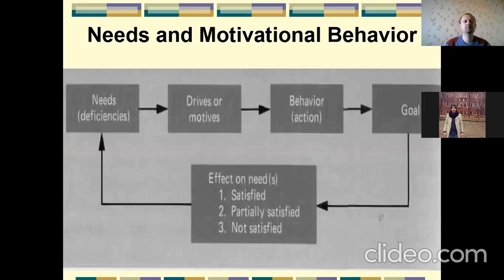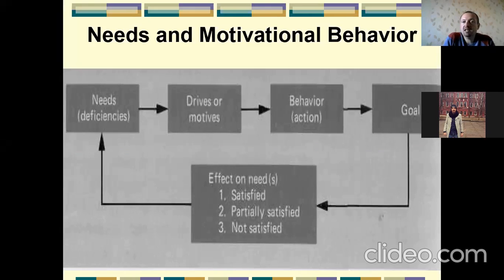And generally, the general scheme of motivating through needs is presented on the screen. So a subordinate has some needs or deficiencies of something. These deficiencies, this lack of something, drive him or her to behave.